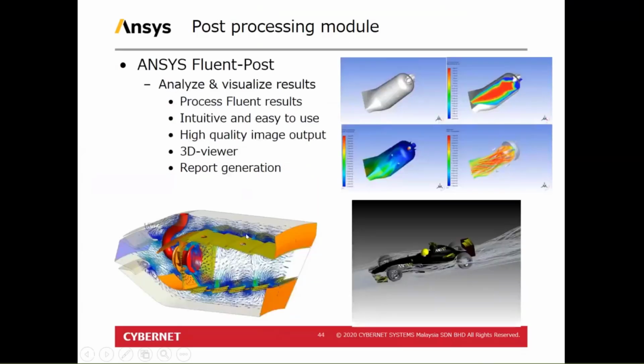I think the first choice is Ansys Fluent Post. You can easily use this post processor on the Fluent GUI. So this is useful to check the result easily and simply.